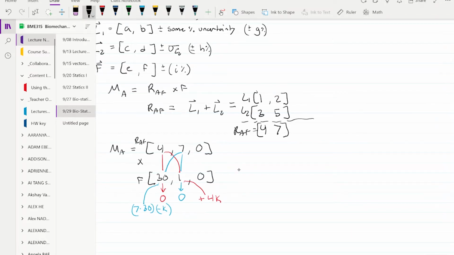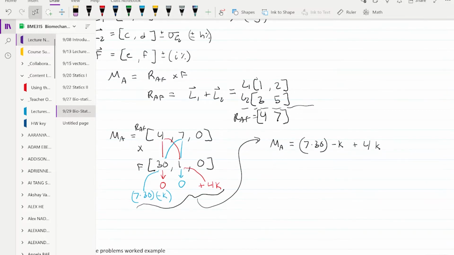Okay, so then these two together give us MA is equal to 7 times 30 in the negative K plus 4 in the K. All right, so that's 210. That's 4 minus 210.